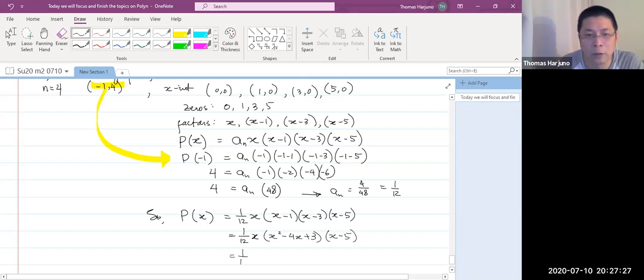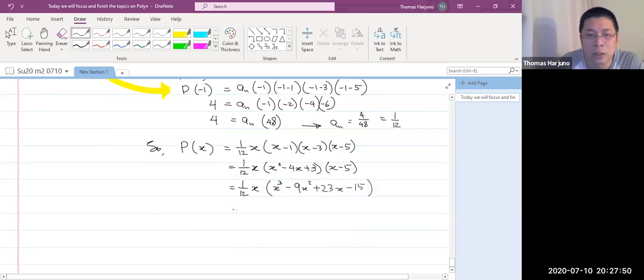And I FOIL further. This is x cubed minus 9x squared plus 23x minus 15.